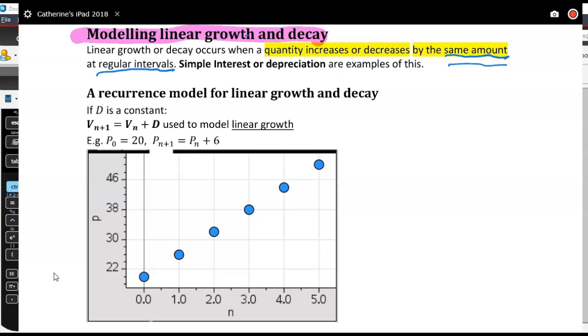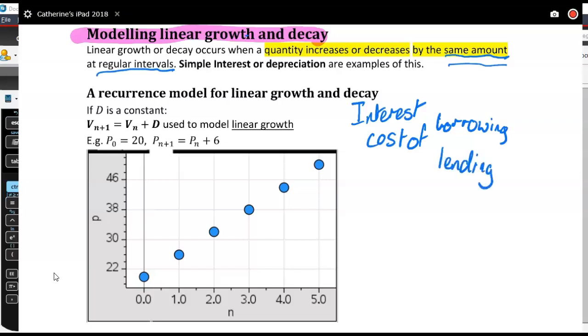Now we'll talk more about these things, but I want to make sure that you understand what interest is. We talk a lot about interest. I think about interest as the cost of borrowing or lending out money.